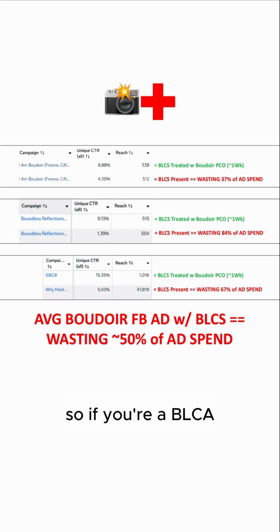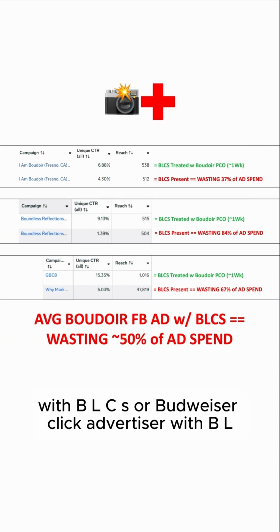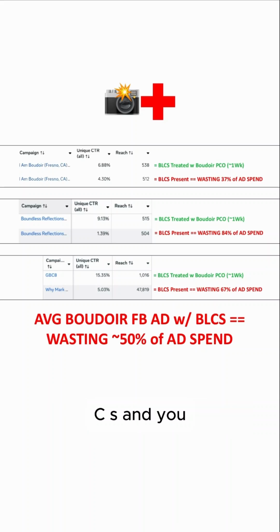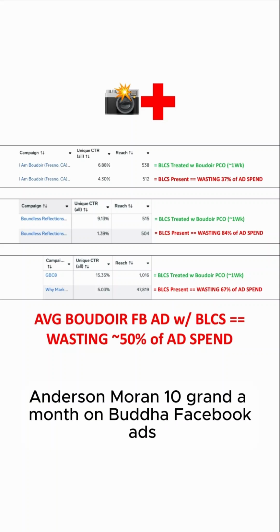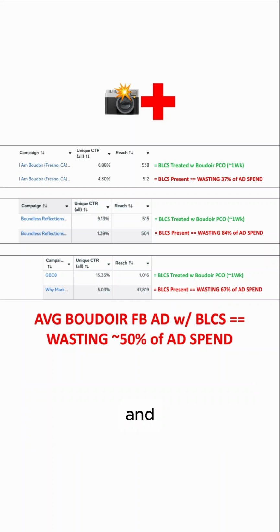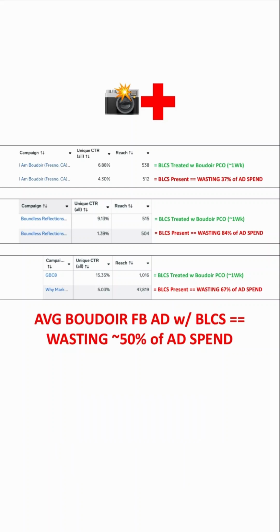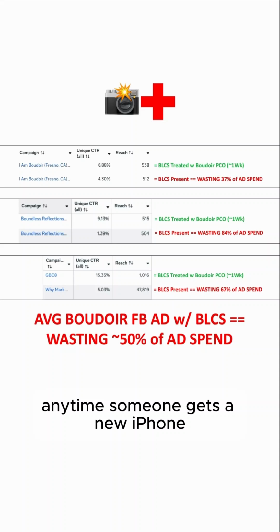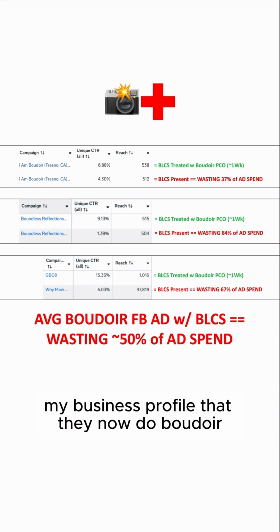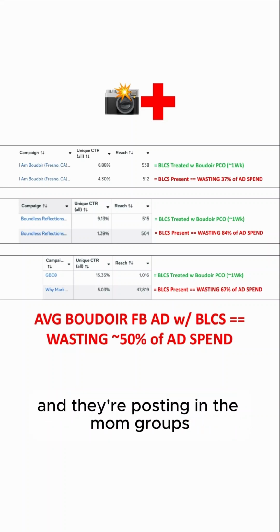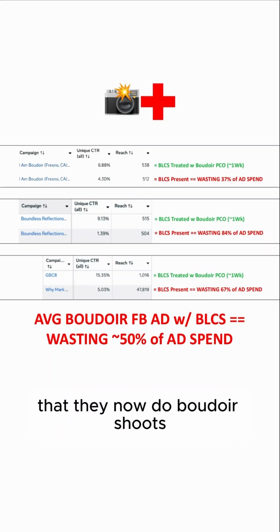So if you're a BLCA with BLCS, a Boudoir low click advertiser, and you're spending more than 10 grand a month on Boudoir Facebook ads, and you're seeing the market get more saturated with more boudoir photographers. Anytime someone gets a new iPhone, they're putting up their Google My Business profile that they now do boudoir, or they get a new camera and they're posting in the mom groups that they now do boudoir shoots.